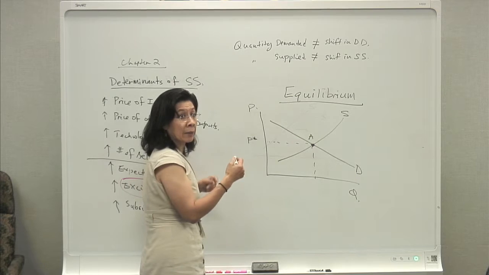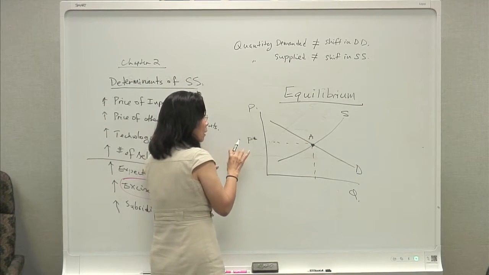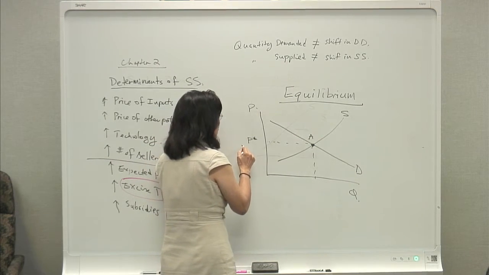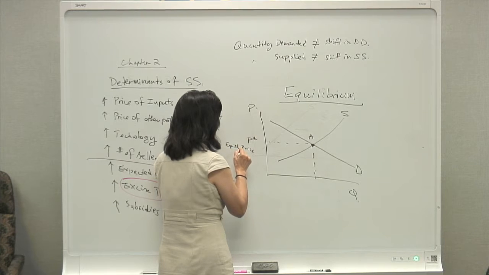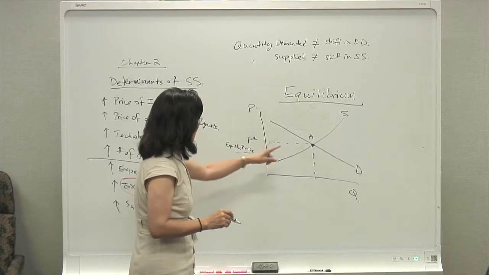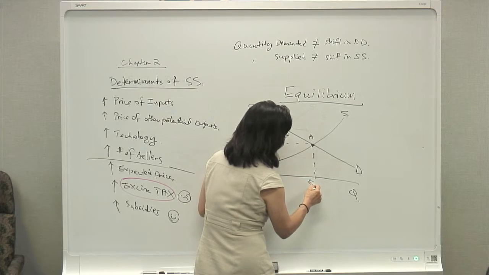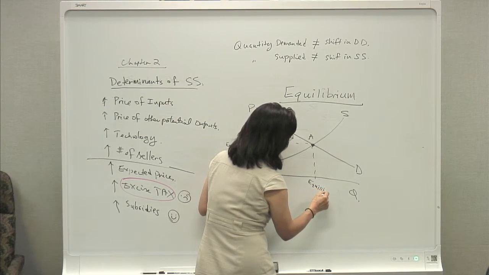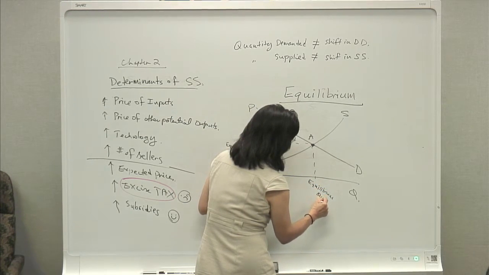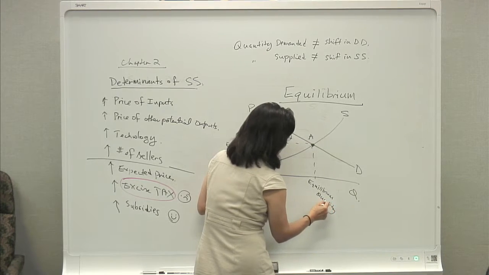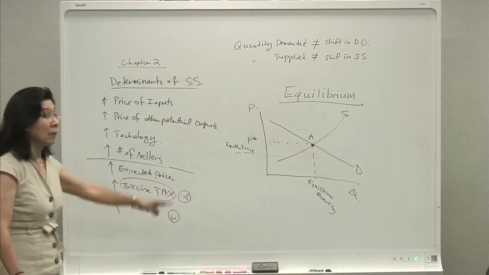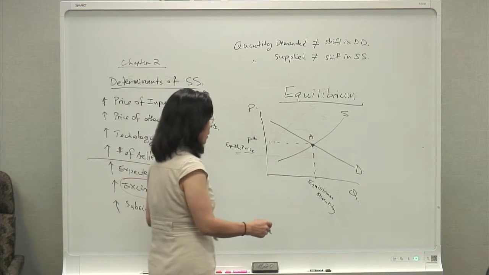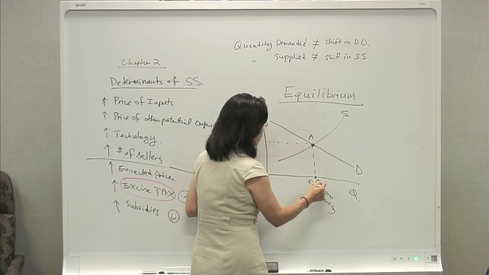P star in economics, the star we usually use to indicate equilibrium. So this will be your equilibrium price here. Okay, and then down here will be your equilibrium quantity. So this would be your Q star.